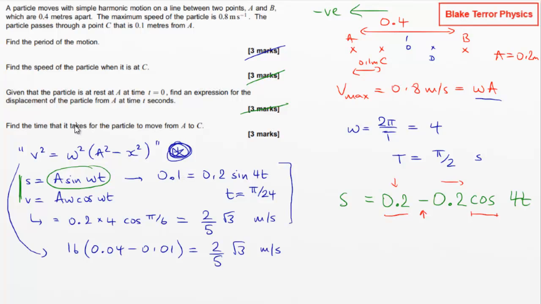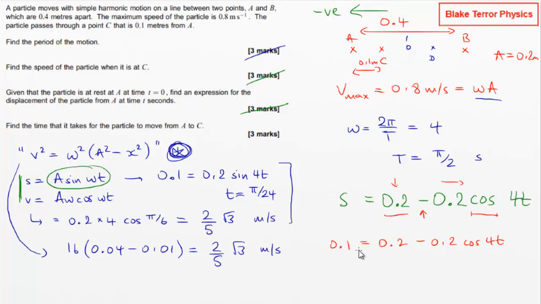Right, so find the time that it takes for the particle to move from A to C. Okay, so we need to solve this really in order to get the time. So we're saying that S is going to be 0.1, and that is going to be equal to 0.2 minus 0.2 cos 4t.